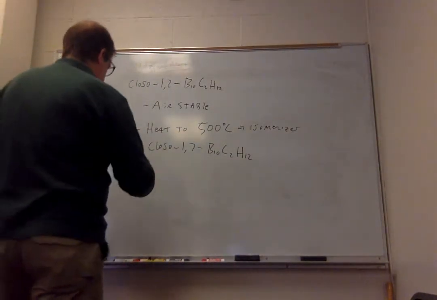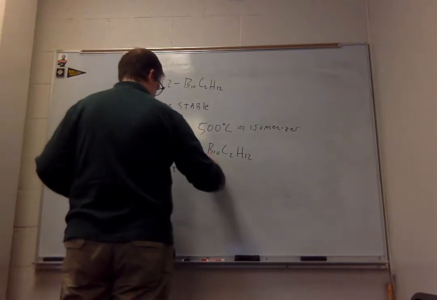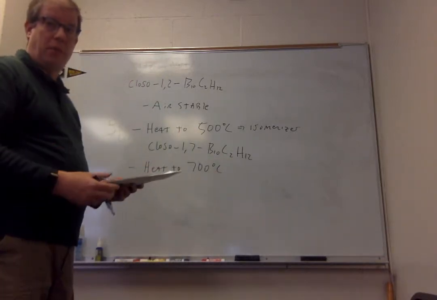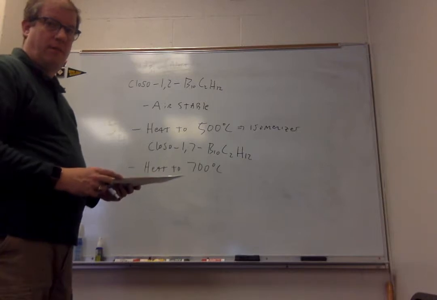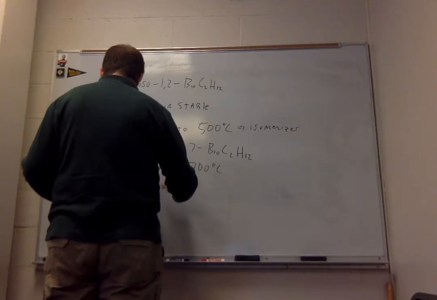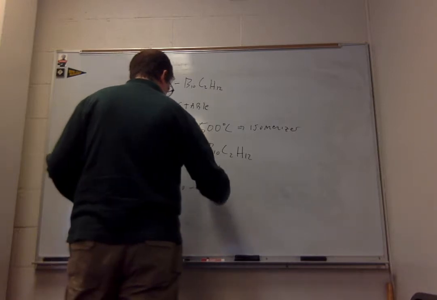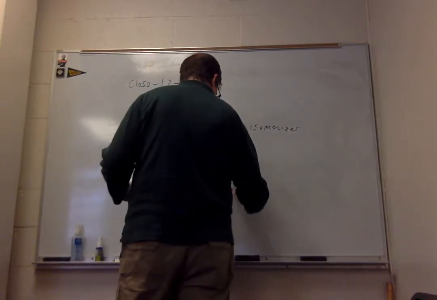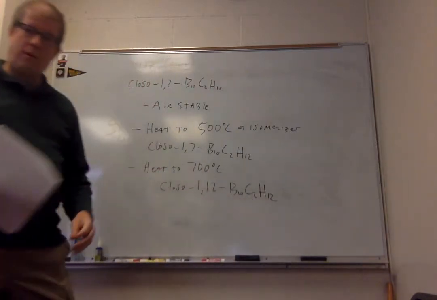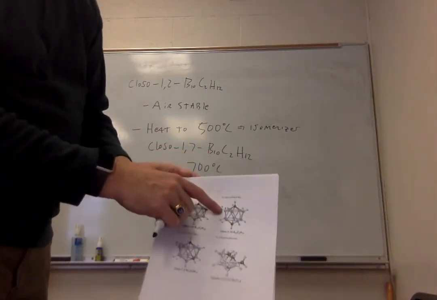And if you heat that further, or just directly, and I summarize this again, 2 was actually the thermodynamically most stable version, or isomer, if you will, and that is the 1,12 isomer, and that's the one that's shown right here in the top.